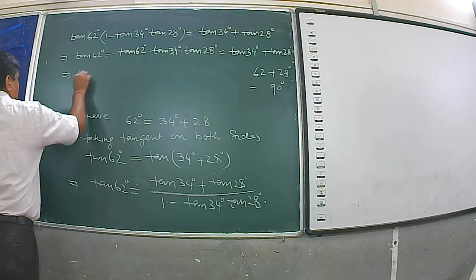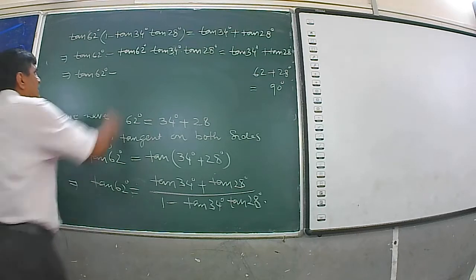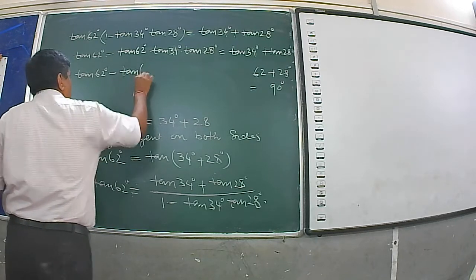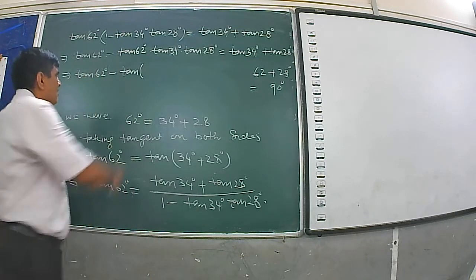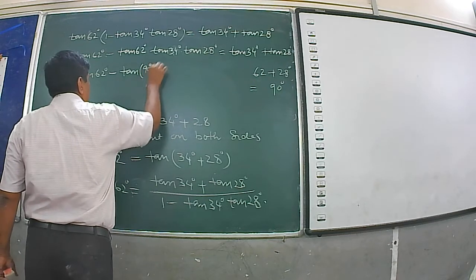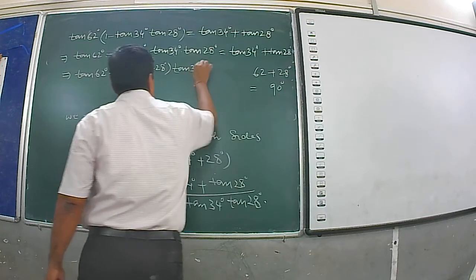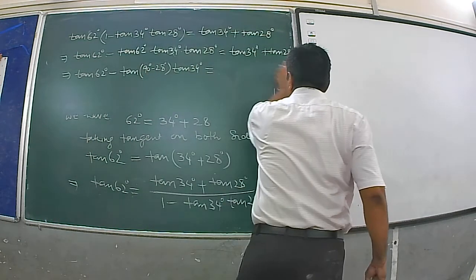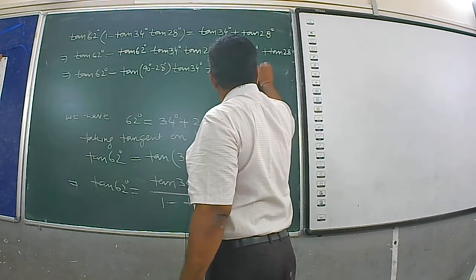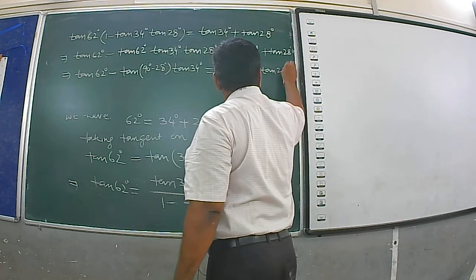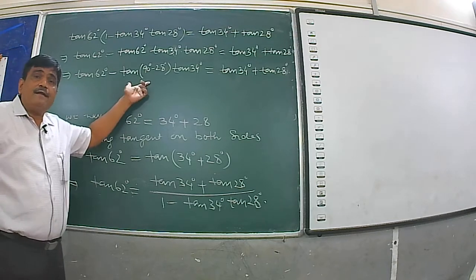Implies that tan 62 is equal to tan of 90 minus 28, into tan 34, and this is equal to tan 90 minus theta.